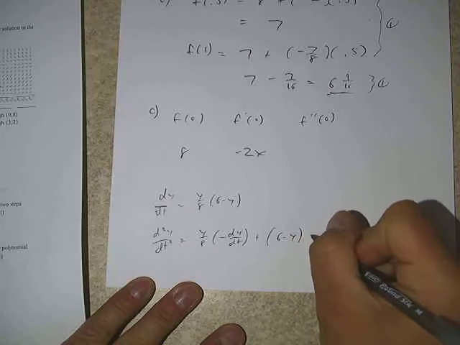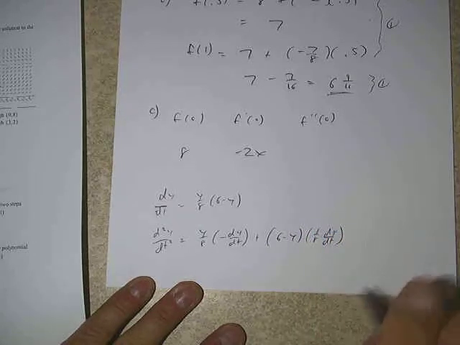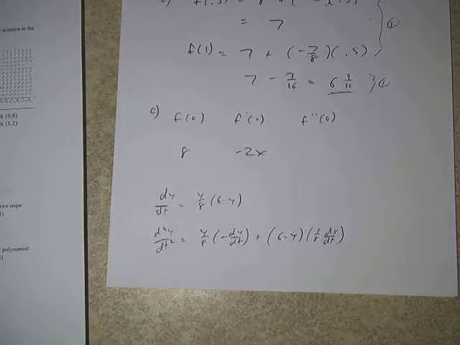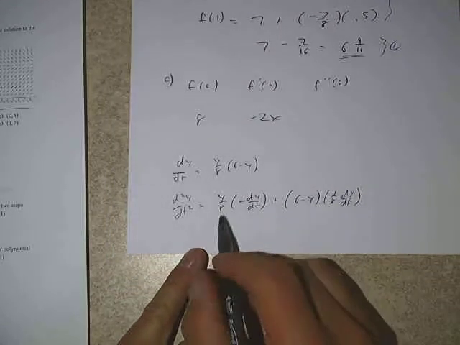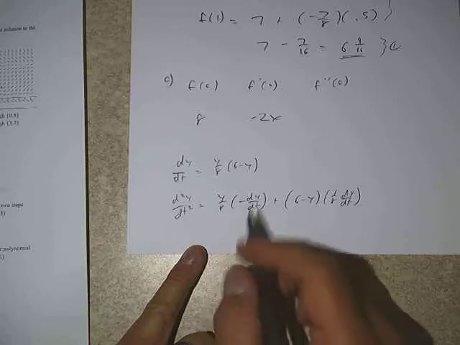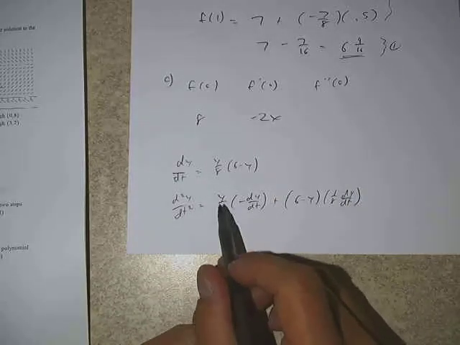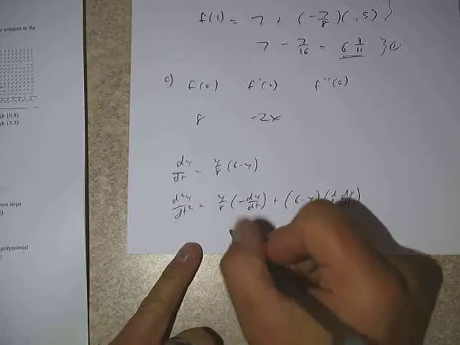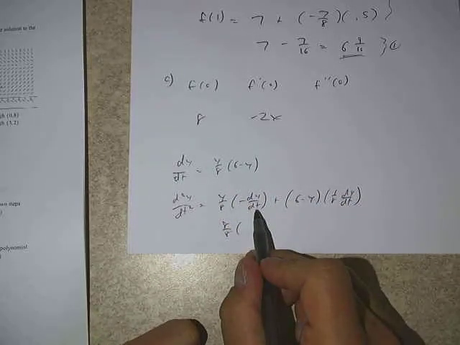And if we want to find the second derivative, which is d squared y dt squared, you've got to keep in mind this is all relative to t. It's a function in terms of t. So we'd have a product here. Our product would have y minus 8, and the derivative of the inside, the derivative of negative y, would be negative dy/dt.